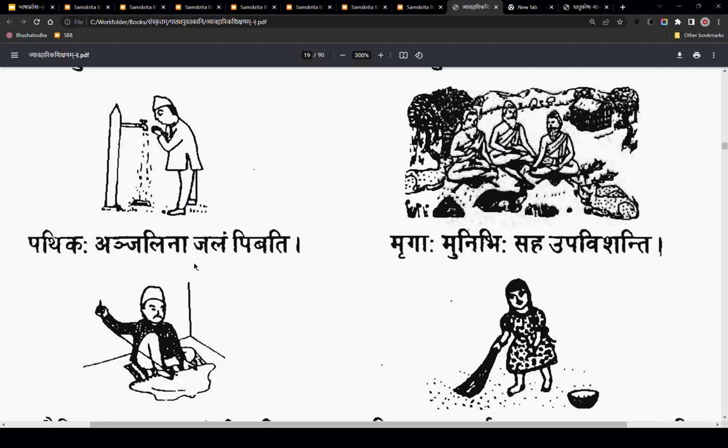Anjali is the pratipadikam. Mrugaha munibhih saha: we have already seen in the previous course that when saha is used, tritiya vibhakti is used. It is not used as an instrument here; it's just because of the saha that मुनिभिः takes तृतीया विभक्ति, like कन्दुकेन सह क्रीडामि etc.